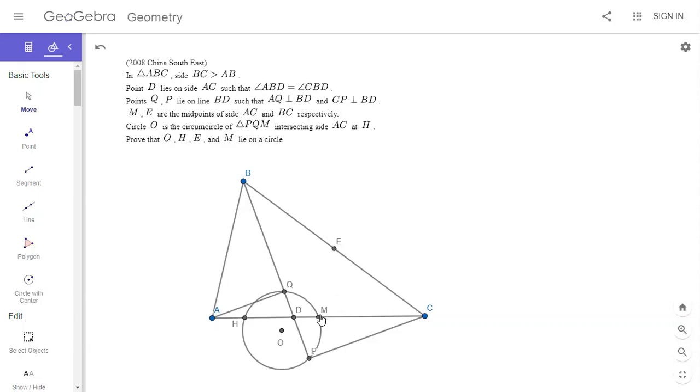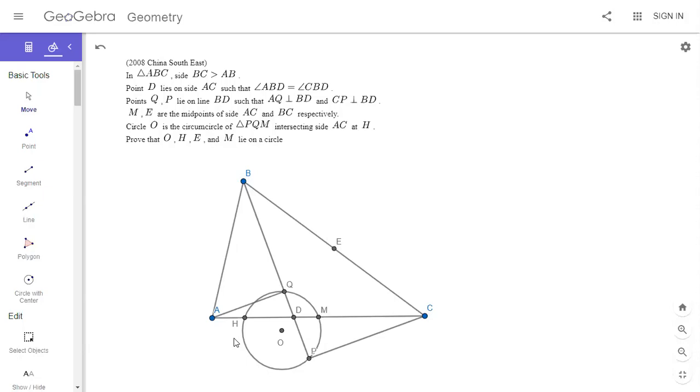See. For angle HQP is HMP. Yeah, there's got to be. Yeah, how do we prove PM and E are collinear, or equivalently BAHQ is cyclic?